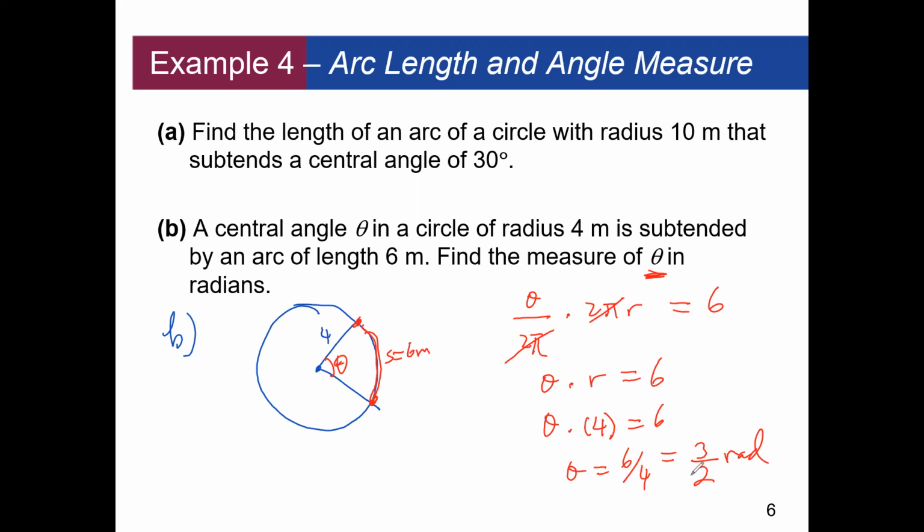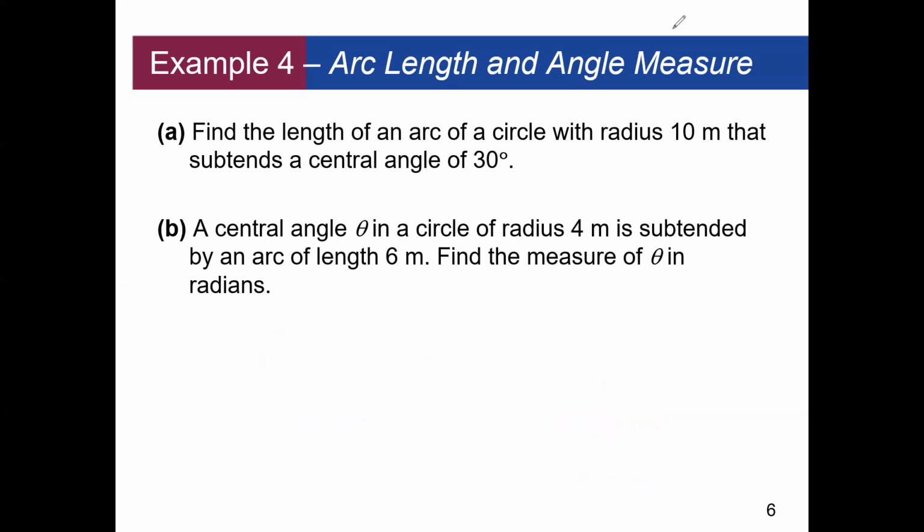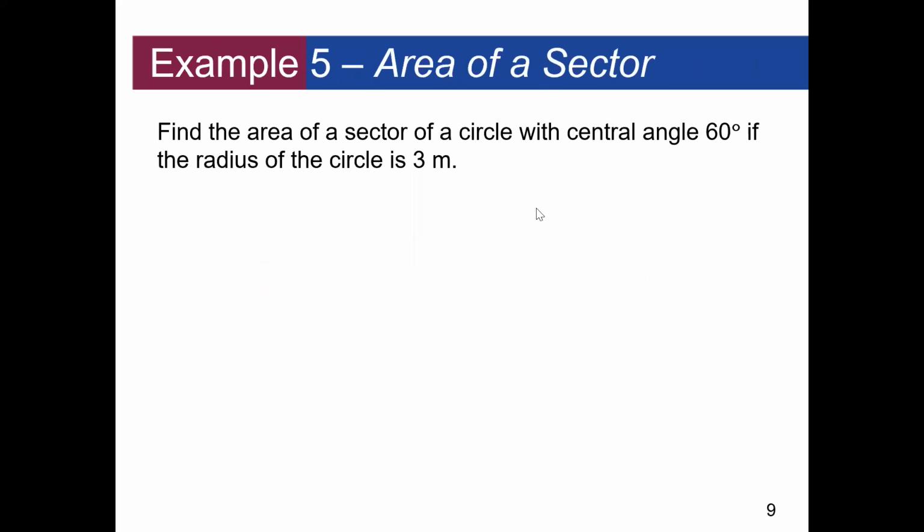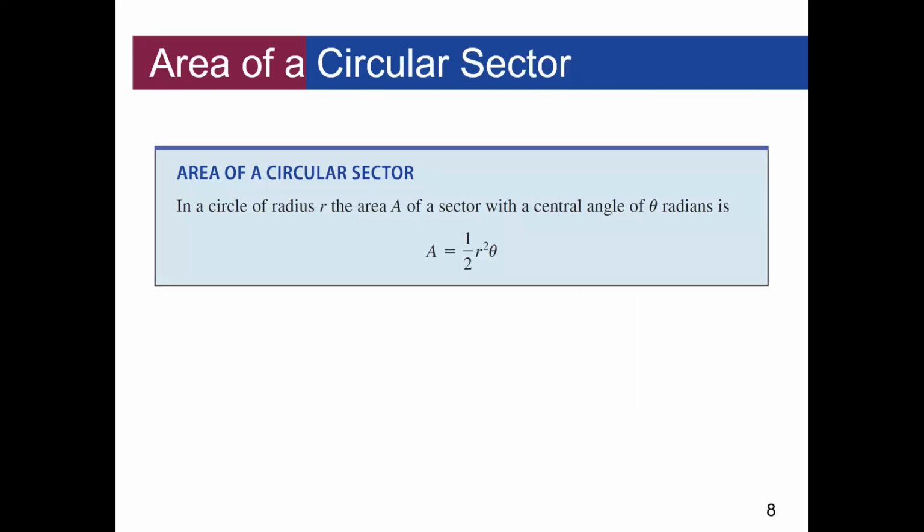Okay, and there's a similar formula called the area of a circular arc. So let me talk about that now. The formula here is again simplified, but I'll tell you more detail.